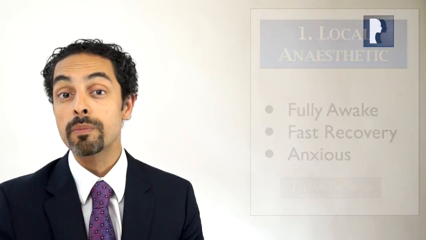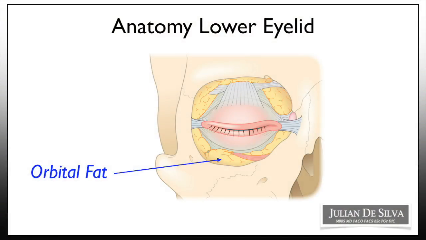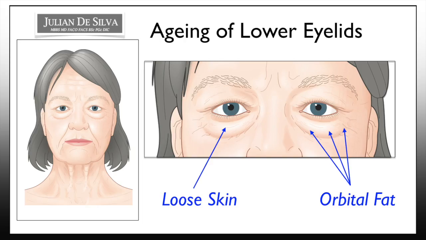Often as part of lower blepharoplasty, it's necessary to reshape or remove or reposition some of the lower eyelid fat, also called orbital fat, and this tends to be very sensitive even when it is numbed with local anesthetic.